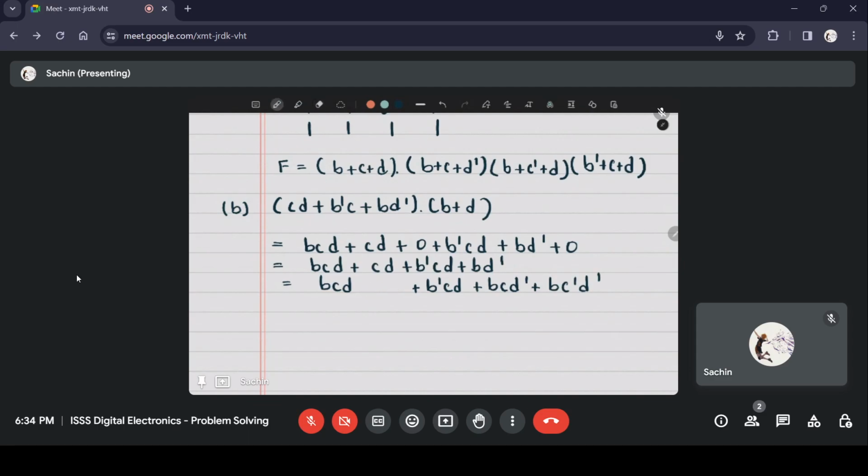I have already eliminated the repeated terms. Again, there are only 4 terms here.